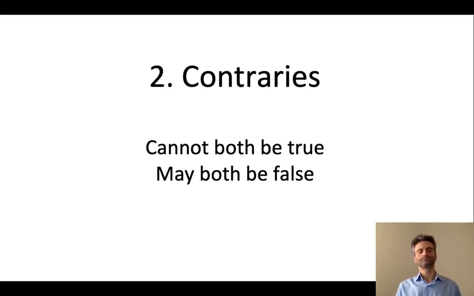However, if one is false, the other one is not necessarily false. They may both be false. It's a possibility. So it is a necessity that they cannot both be true, but it is a possibility that they may both be false.